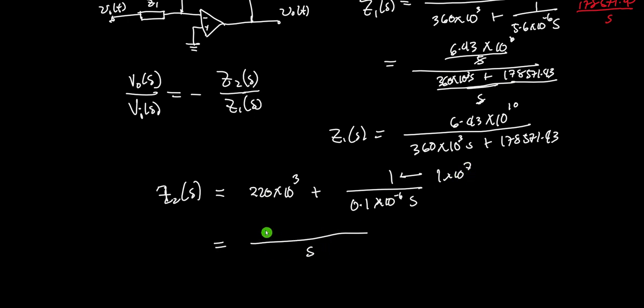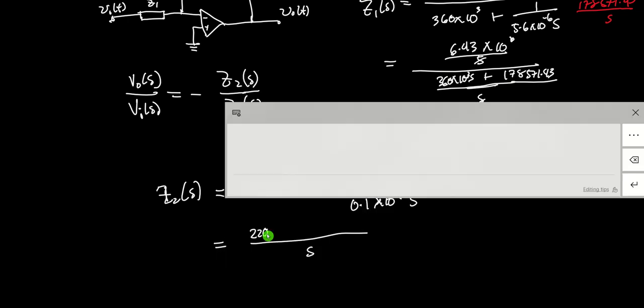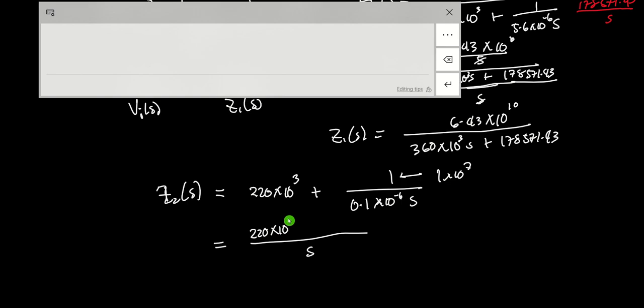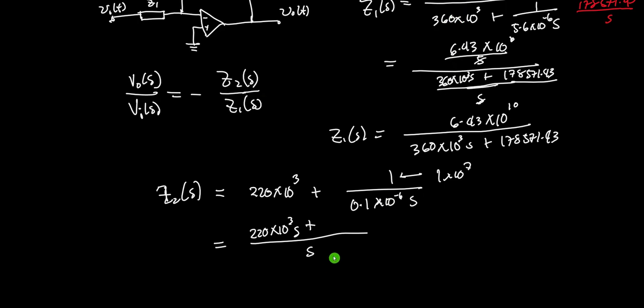So we have 220 times 10 to the 3 times S plus 1 times 10 to the 7, all over S. If you cancel that out, it will become this one again. So that's Z2.